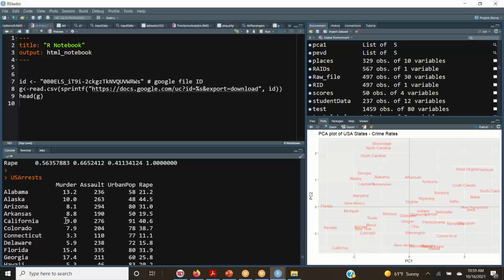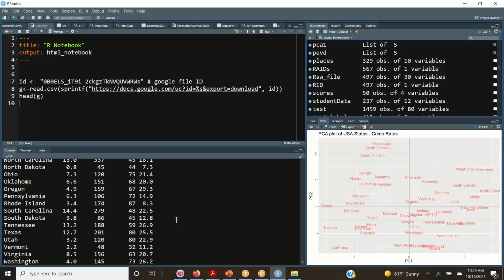Let's compare California with the opposite side, which is West Virginia. California has 9.0 for murder, 276 for assault, and rape is 40.